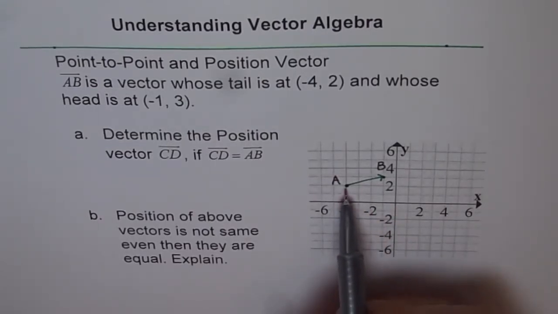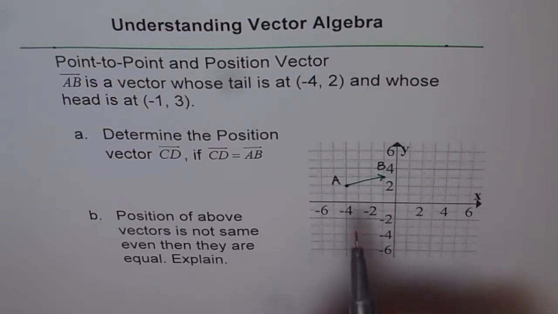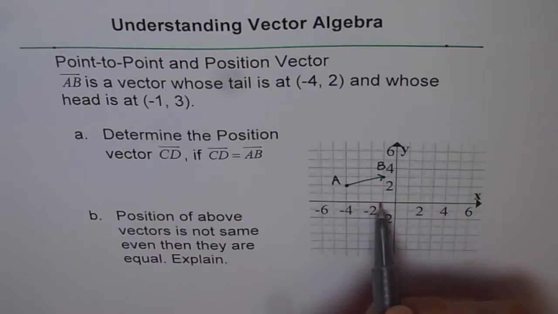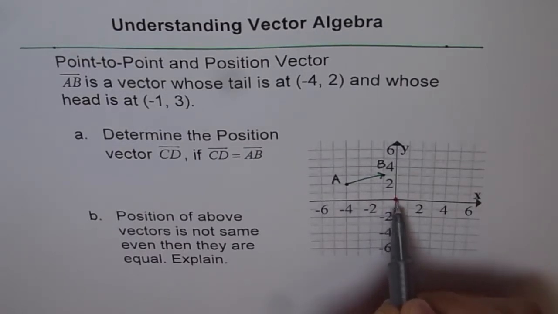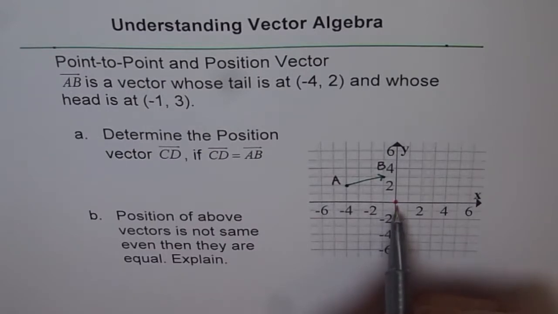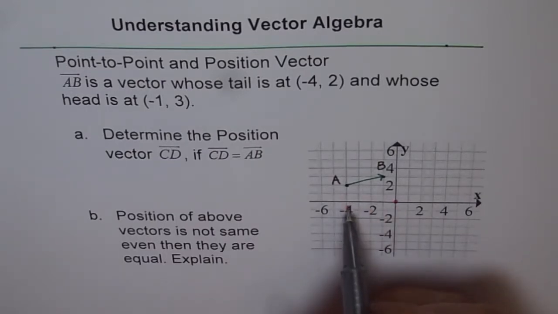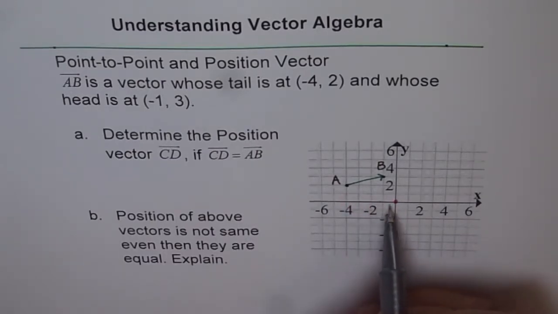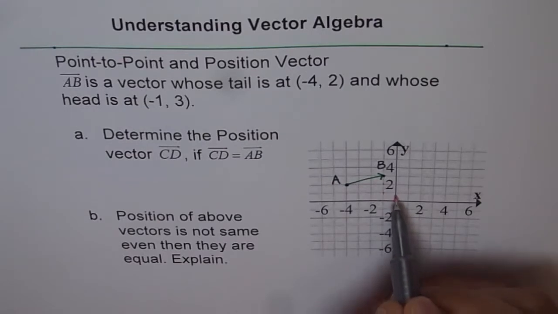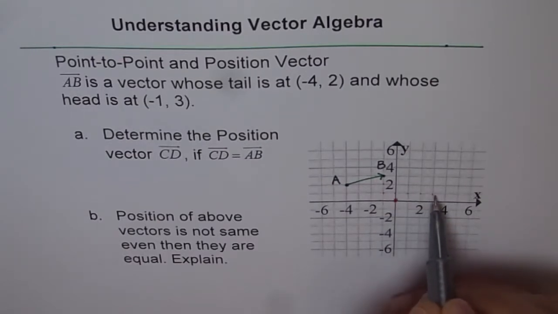If I have to get A to the origin, then what can I do? I have to move down 2 units and right 1, 2, 3, 4. That's the kind of transformation. If I do, I reach this point. For B, I have to do the same thing. Let's move 2 units down and 4 right. 1, 2, 3, 4.